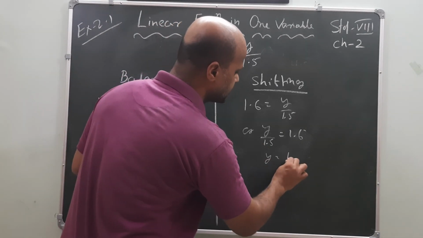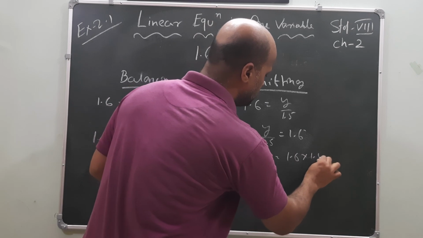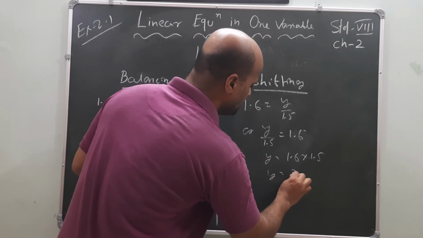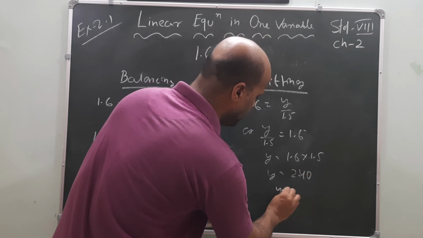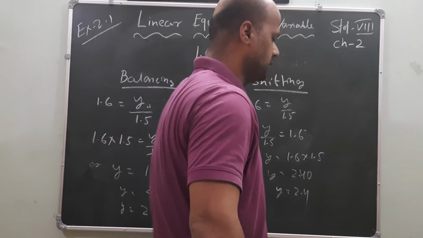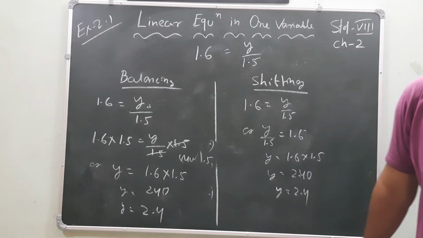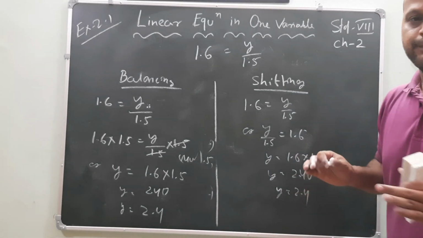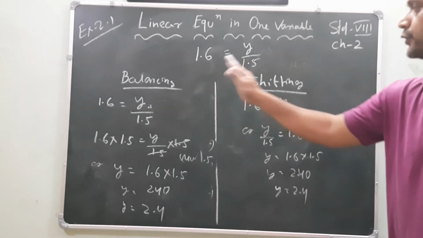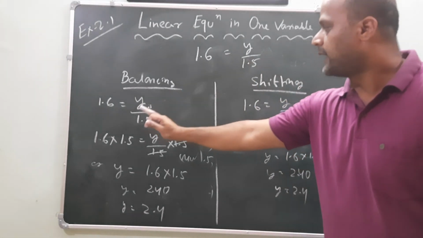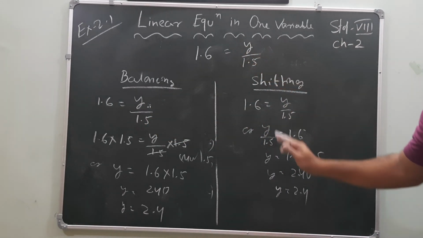It will go to that side and be multiplied. y is equal to 240, two decimals are there, put your point, y is equal to 2.40. Understood, my dear friends? So these are simple exercises for both processes, balancing and shifting, of how to solve equations.